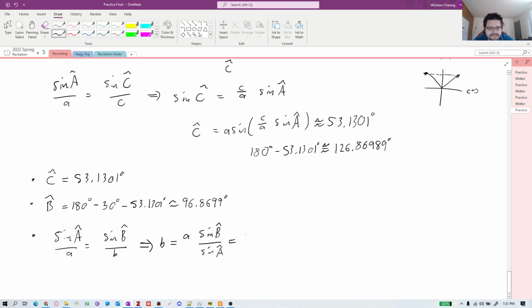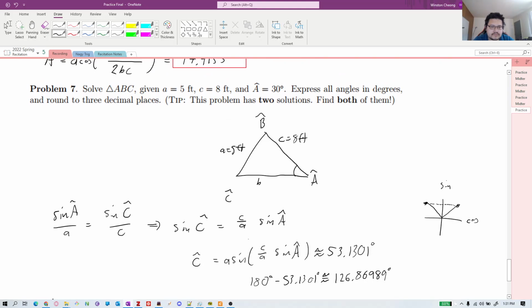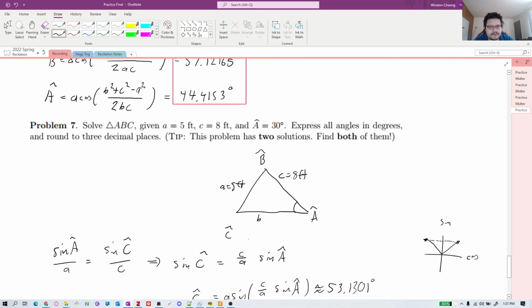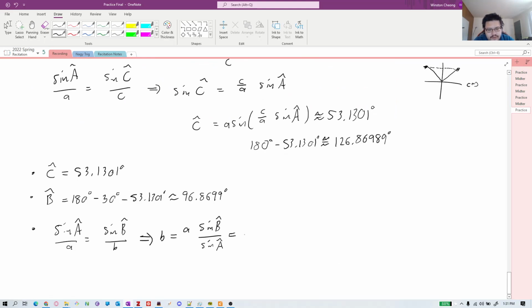If we wanted to be precise, or if we wanted to plug things in partway, we could do that, but it doesn't really help us, because sine of A is just 1/2, so this becomes like 2. So I'm thinking that B is this 96.8699 degrees over sine of 30 degrees.